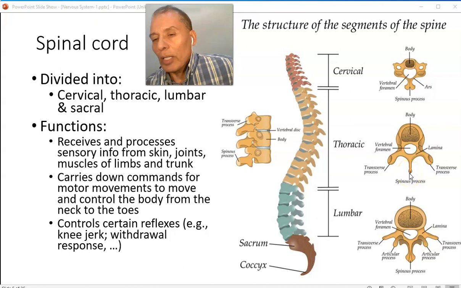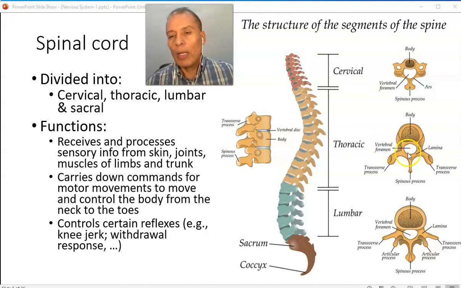You can feel it in the center of your back. So the spinal canal, or the vertebral canal, is, I'm sorry, anterior to the spinous process and posterior to the vertebral body.